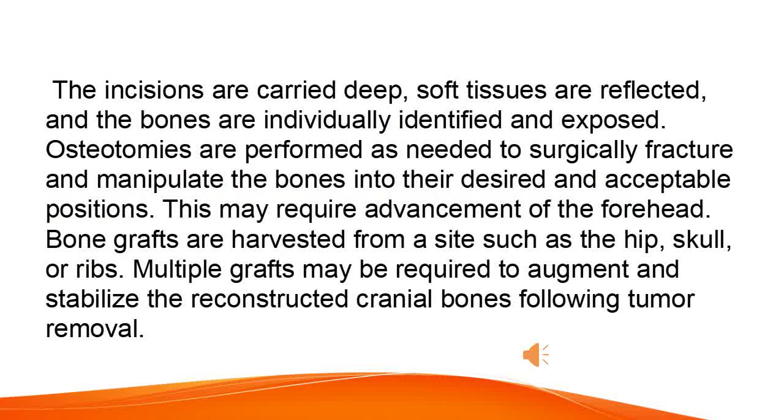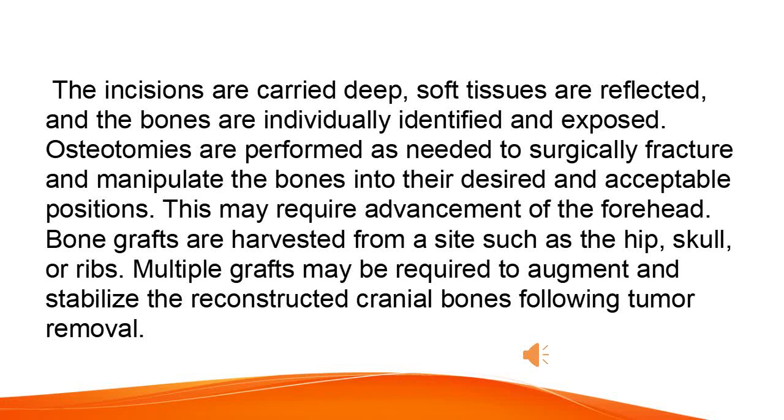The incisions are carried deep, soft tissues are reflected, and the bones are individually identified and exposed. Osteotomies are performed as needed to surgically fracture and manipulate the bones into their desired and acceptable positions. This may require advancement of the forehead. Bone grafts are harvested from a site such as the hip, skull, or ribs.